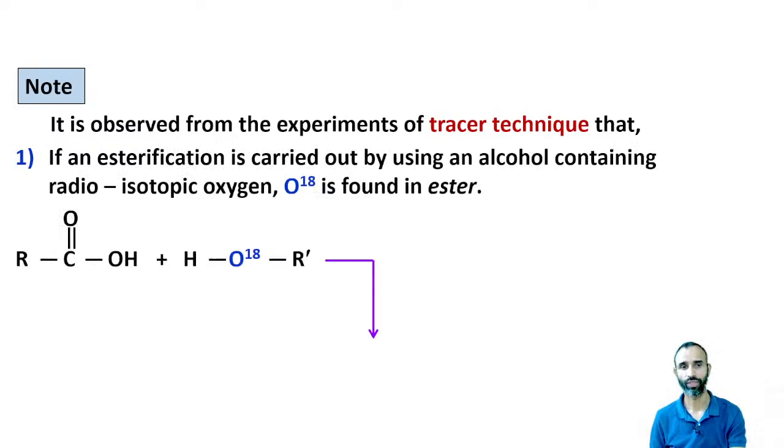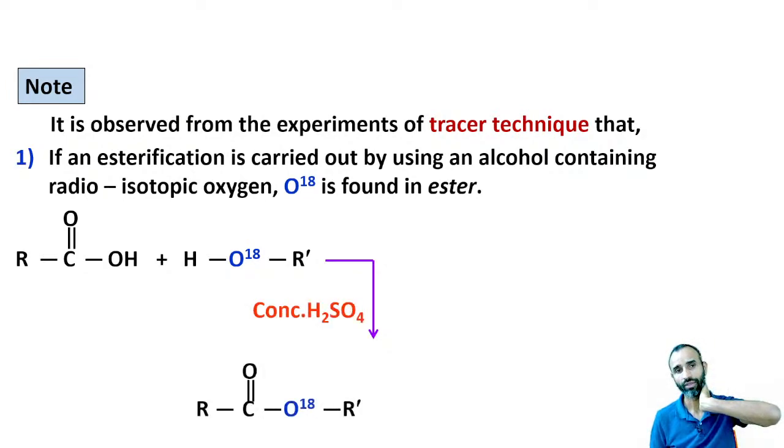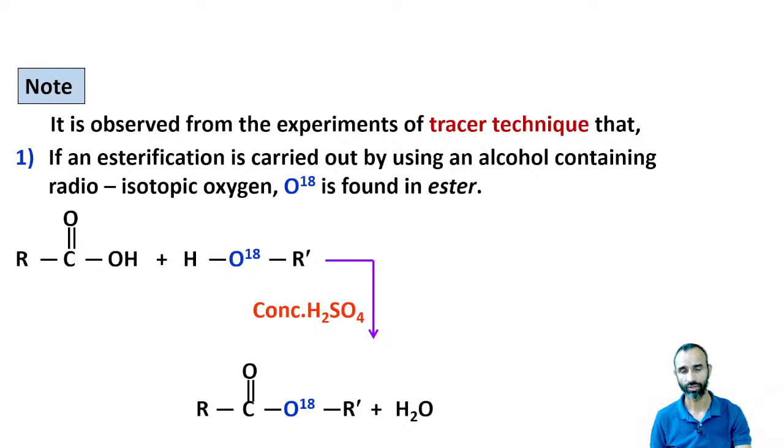So if we use this tracer technique, one is O18. See, this O18 is in the ester. This one is important. If an esterification is carried out by using an alcohol containing radioactive isotopic oxygen O18, that O18 is found in the ester.